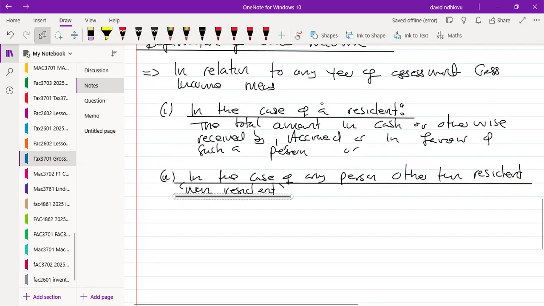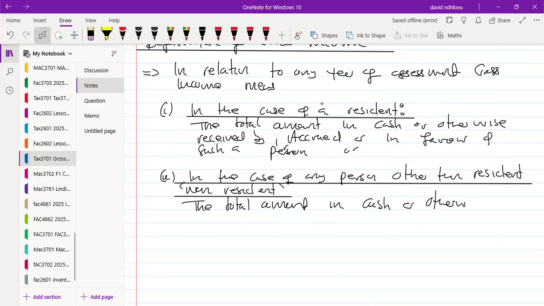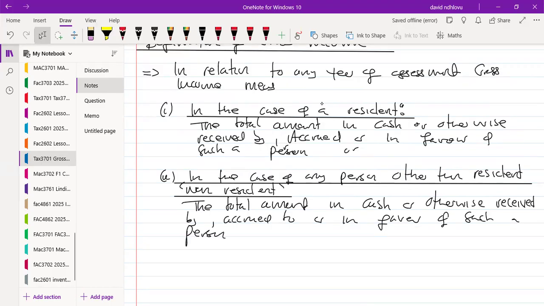So for this one, we are saying again, the total amount in cash or otherwise, received by, accrued to, or in favor of such a person. Then we add from sources within the Republic.